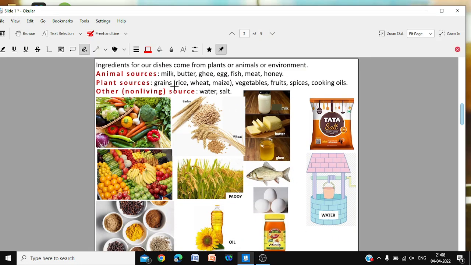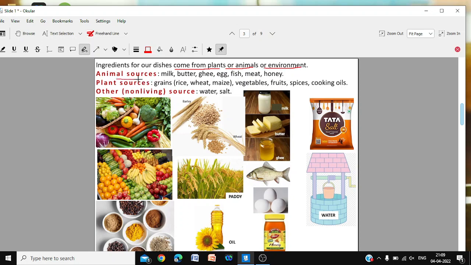Ingredients for our dishes come from plants or animals or environment. The ingredients we are using to prepare our dishes, they may come from plants, they may come from animals or from the non-living environment.